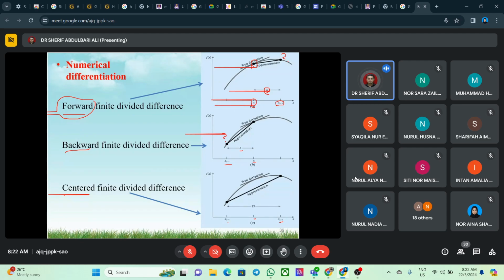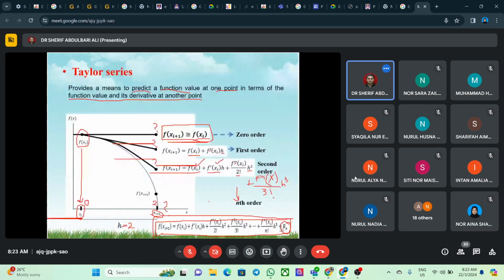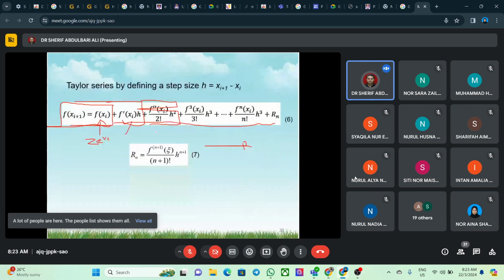For the center finite divided difference, it's from x to x plus 1 and from x to x minus 1. We are trying to find the value of the function at these two points: the function at x plus 1 and the function at x minus 1. This one is going to be more accurate because here we are taking two step sizes, 2h. Remember for the Taylor series expansion, the more terms you add to your calculations, the more you reduce the error.